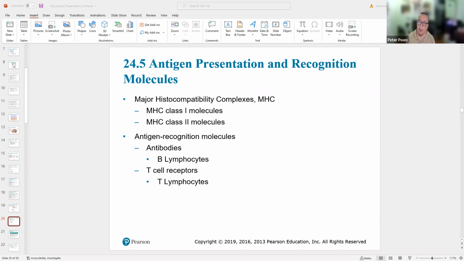MHC class 2 is only on antigen presenting cells, or APCs. They signal not what's inside you, but what to kill. If you present it on an MHC class 2, it's a target of what to kill.